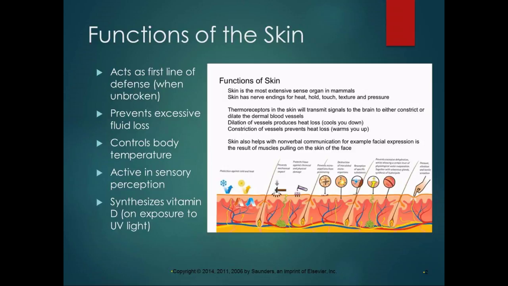So we have sebaceous glands, which produce sebum or oil, which is acidic, and it inhibits bacterial growth on our skin. We do have resident flora of our skin, Staphylococcus epidermidis, which is a deterrent for the invading organisms because it takes up space and resources. And so the invading organisms can't get a toehold in it.